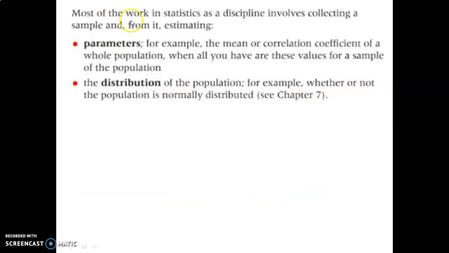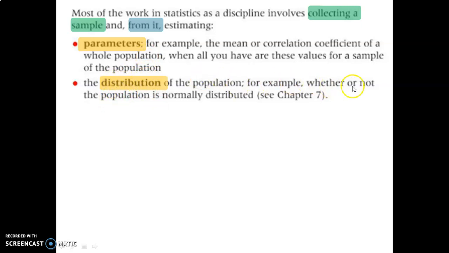Okay, so most of the work in statistics as a discipline involves collecting a sample, that's what we just talked about, and from the sample, estimating what are called parameters, which are things like the mean, correlation coefficient, and things like that about the whole population. So again, we have a sample, and from it we make judgments about the entire population. Another kind of judgment we can make about the population is the distribution of it.